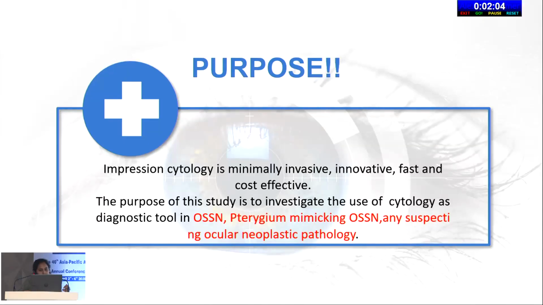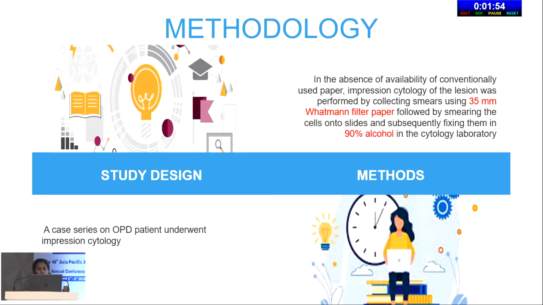So in our study, we used a technique that is minimally invasive, innovative, fast and cost effective. The patients were those coming regularly to our OPD, and we took consent from them.